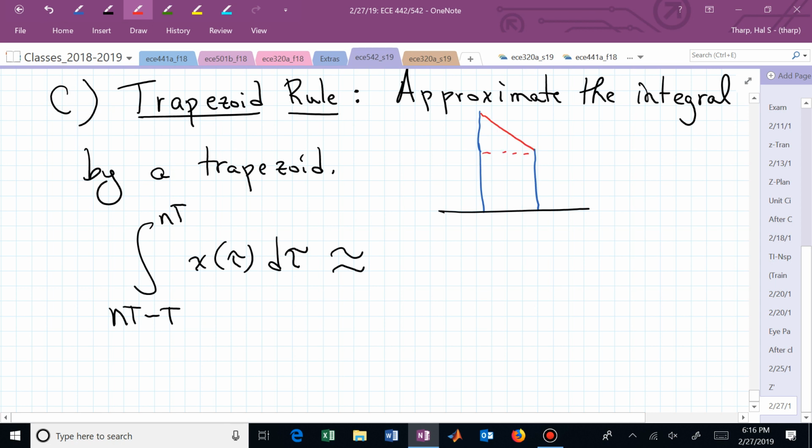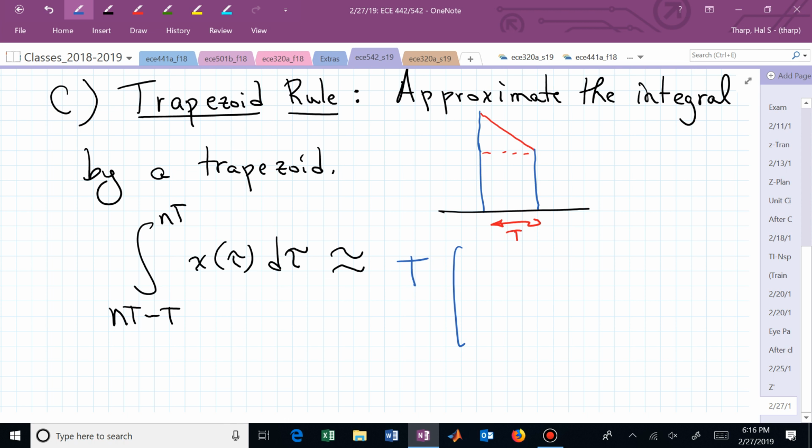Couldn't we say that it's basically now a rectangle and a triangle, if we wanted to think of it that way? And so if we add those pieces up, we see that the width is still T for both. I'll leave it up to you, but essentially we average the two heights, and that's the effective height of this trapezoid in terms of the area.